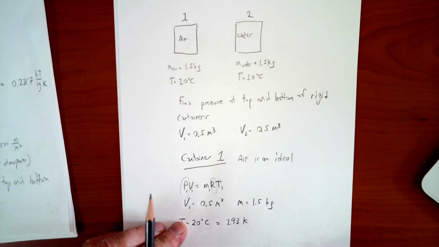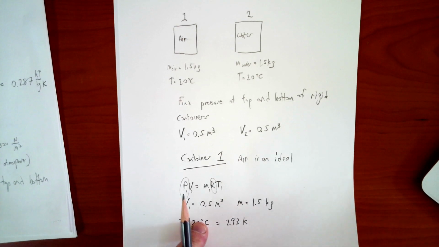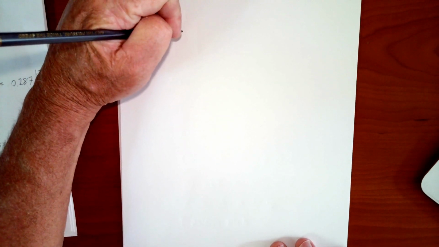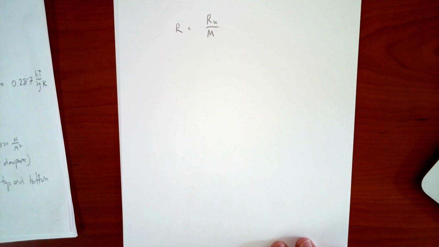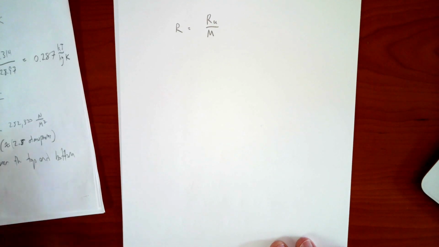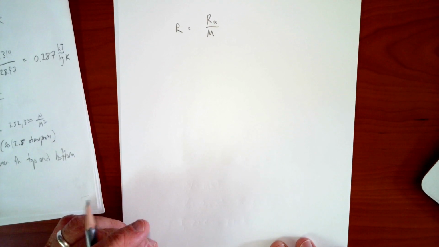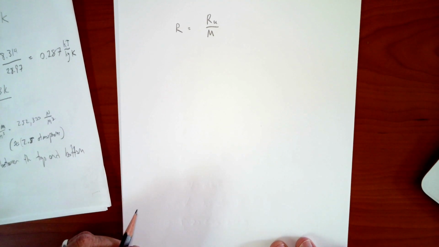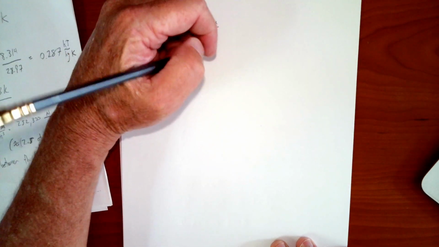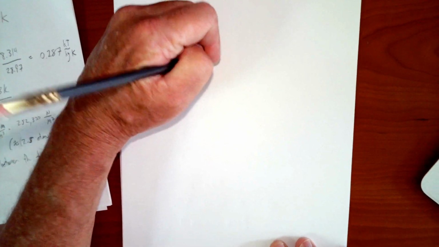Now, R, of course, is the gas constant. You all studied this in thermo. The gas constant can be easily calculated based on the universal gas constant. So R is equal to the universal gas constant divided by the molecular weight of air. The molecular weight of air equivalent can be found in any thermodynamics table, and you can find that the molecular weight for air equivalent is 28.97.